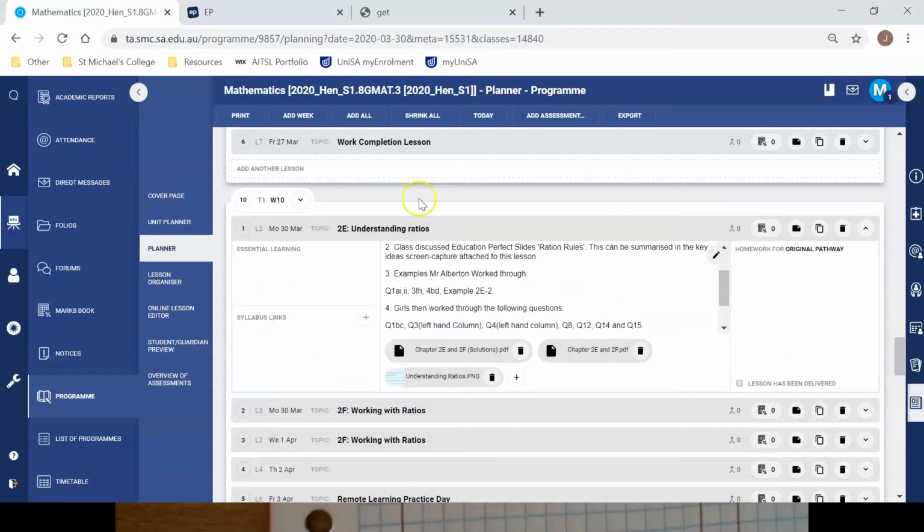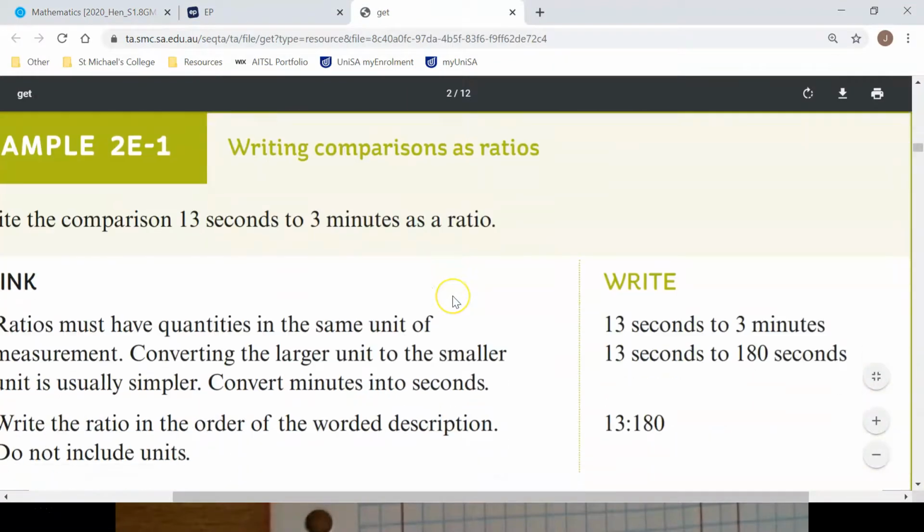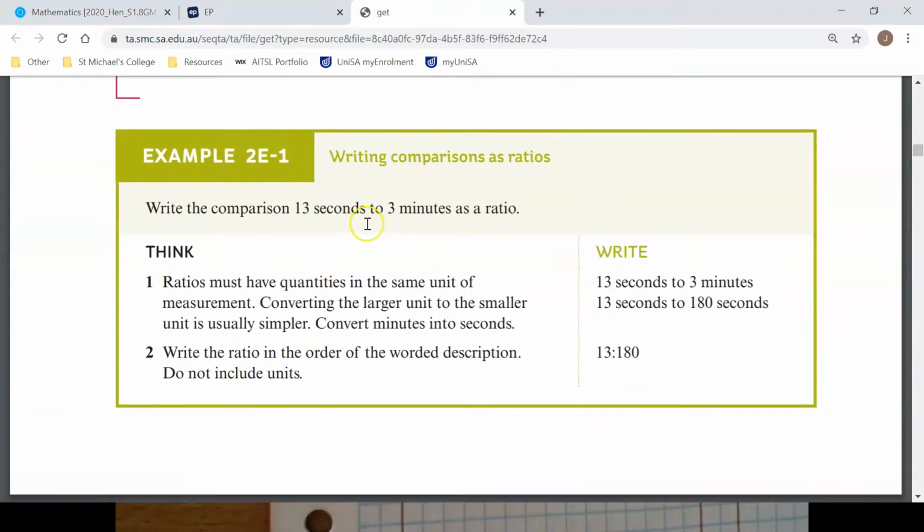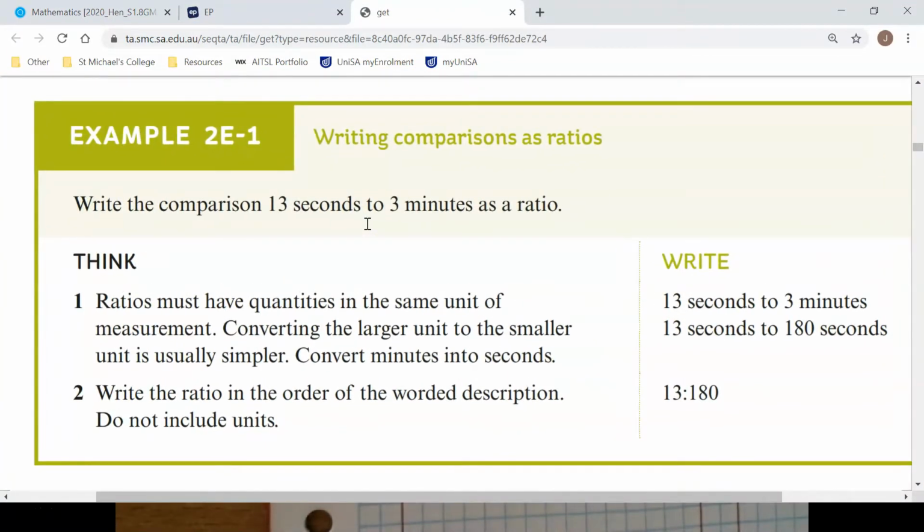Let's have a look at question. So, in this example here, we want to write a comparison of 13 seconds to 3 minutes. Now remember what I said about the units, they have to be the same. So if you want to write a ratio here, you'd have to convert either the minutes into seconds or the seconds into the minutes.